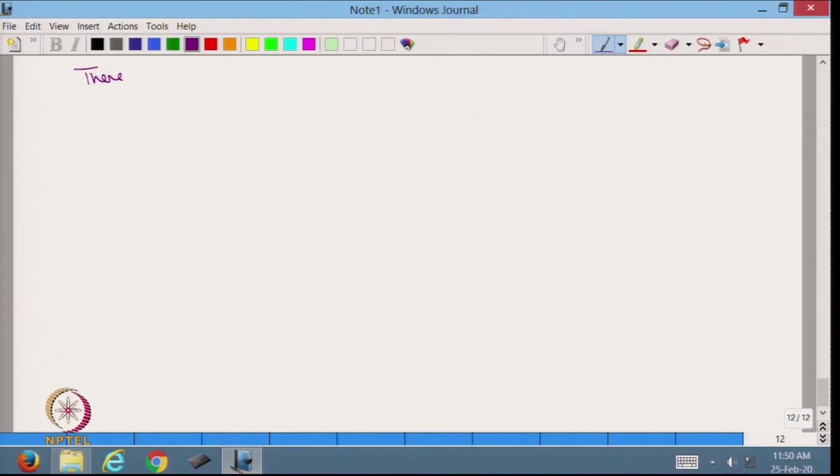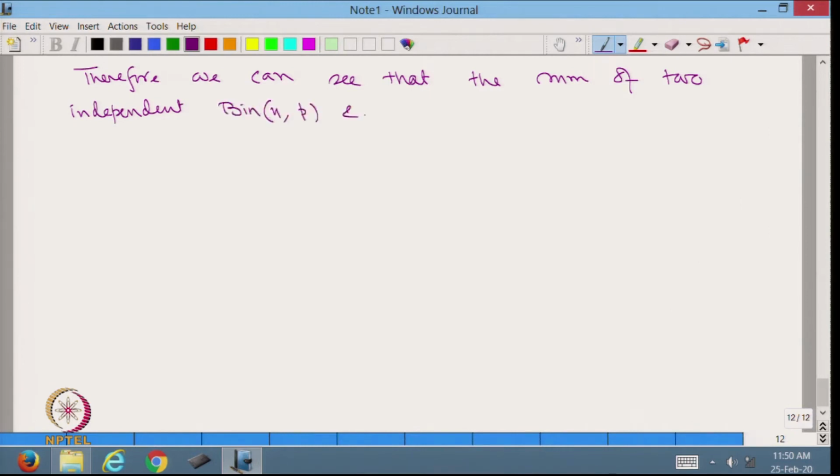Therefore, we can see that the sum of two independent binomial n comma p and binomial m comma p is distributed as binomial n plus m comma p.